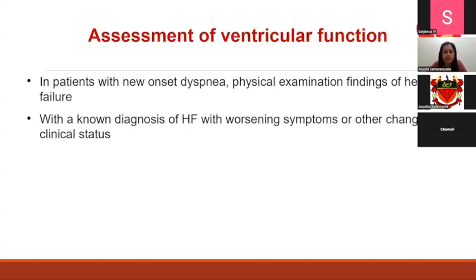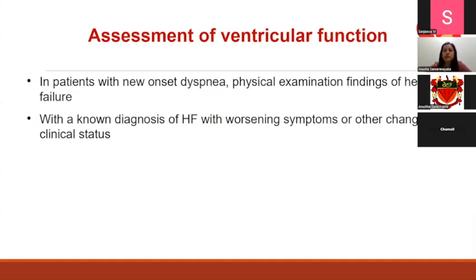If the patient had an ejection fraction of 45% and the symptoms have worsened, we can perform the echocardiography again and see what the ventricular function or impairment is now. If the ejection fraction has dropped from 45 to 15% now, our management plan would be different. So it is important to assess the ventricular functions if there is any change or worsening in the symptoms in a patient with established heart failure.